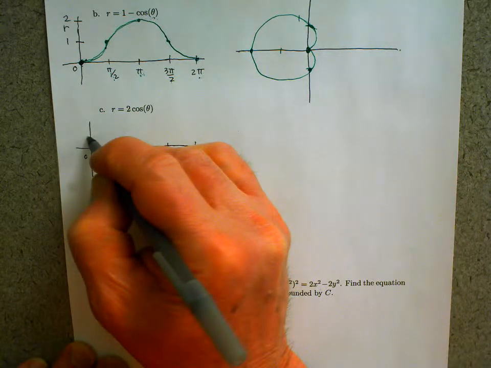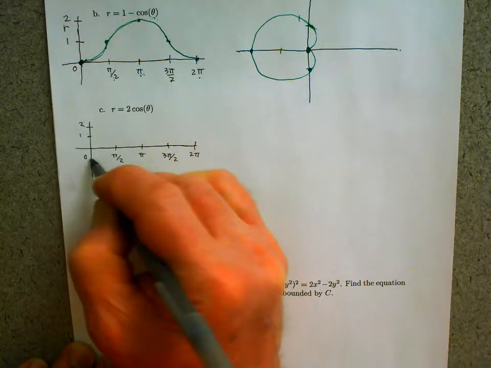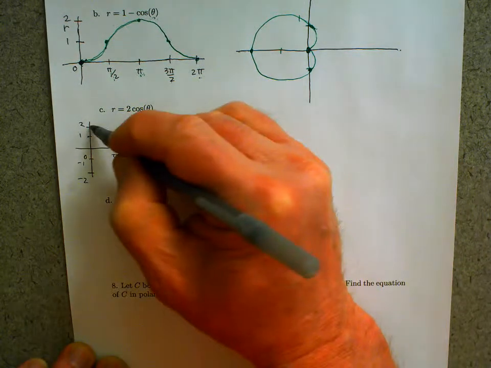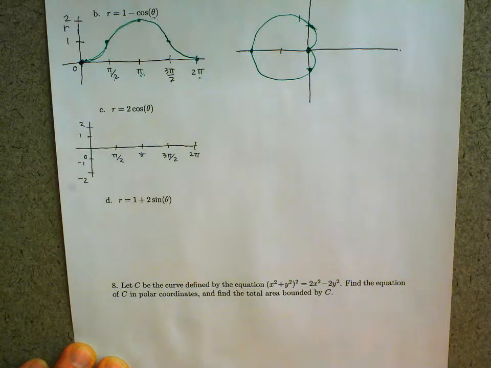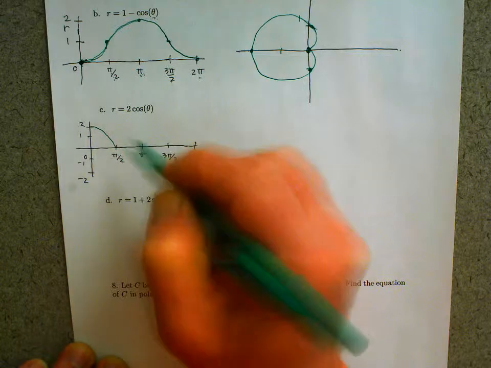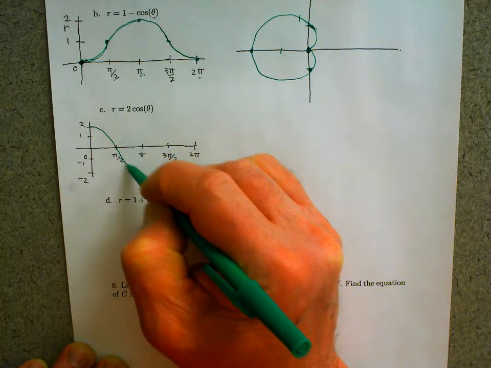So the amplitude is 2. Well, we start out at theta equals 0. We get 2, then it's 0 at pi over 2.